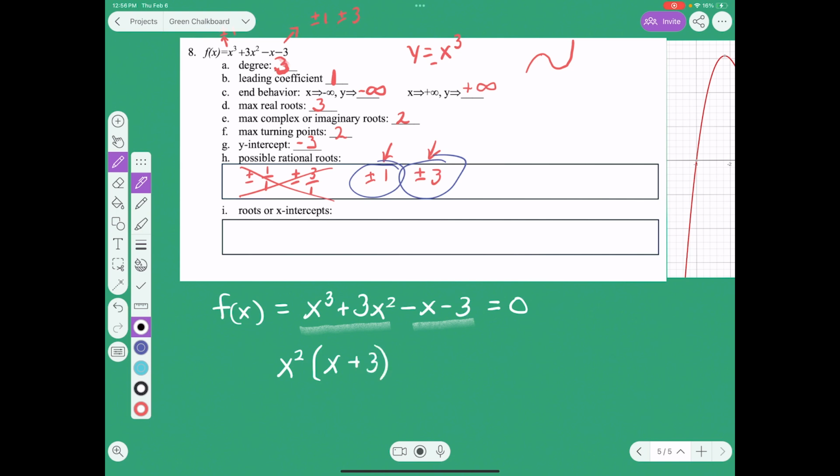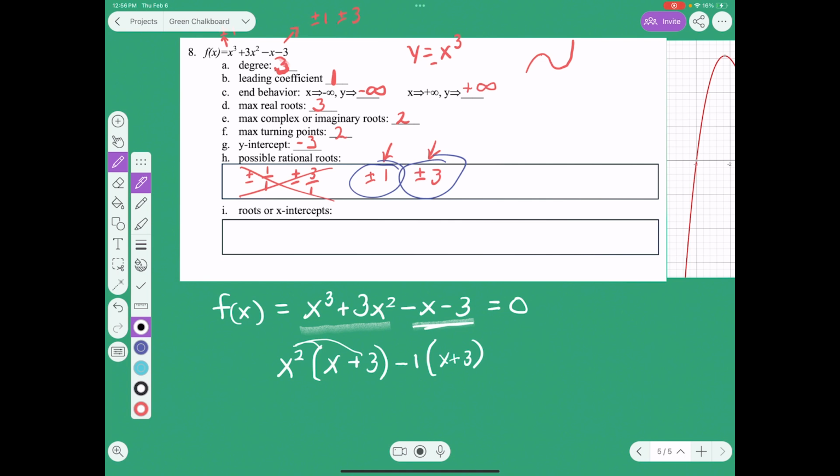And again, if we multiplied this back out, if I distributed this back out, we would get back to where we started. And then here, these second two terms, I have a -1 in common. I'm going to go ahead and write that -1 out there, and then I would have x plus 3.